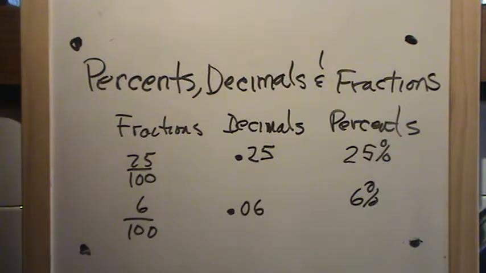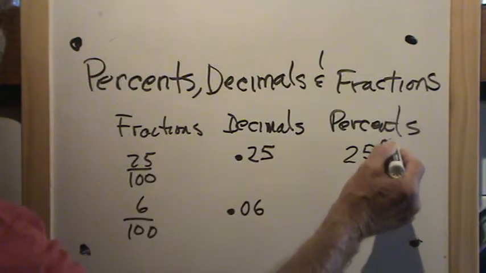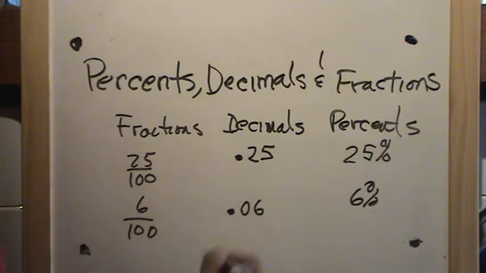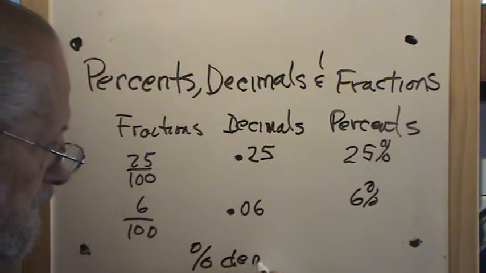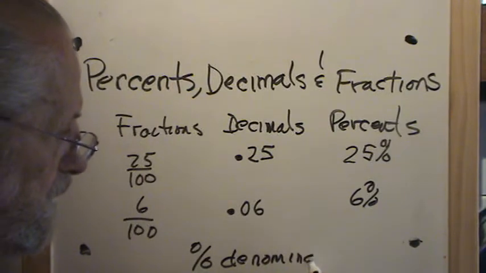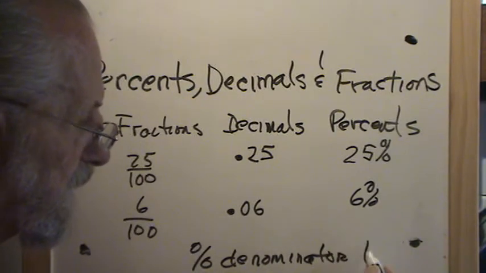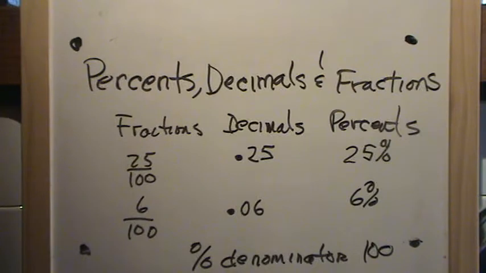Well, basically, that's what percents are. They are a form of a fraction. The denominator is never written, but it's indicated by the percent sign, which means denominator 100.